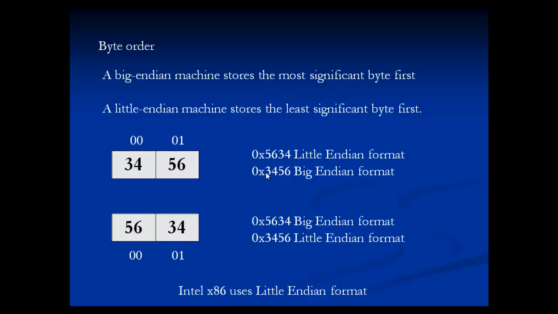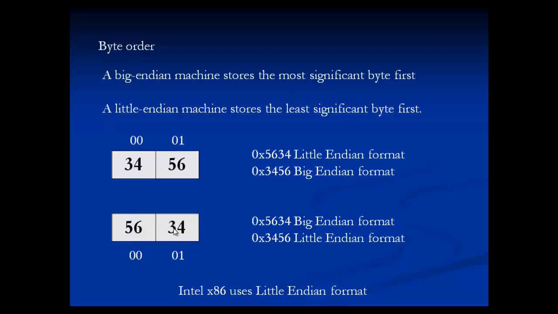The same thing in little endian format is that the least significant byte will be kept first, and the most significant byte will be kept last. So this is little endian format. This is a representation of bytes. Similarly, we have another example where we have taken 56, 34.